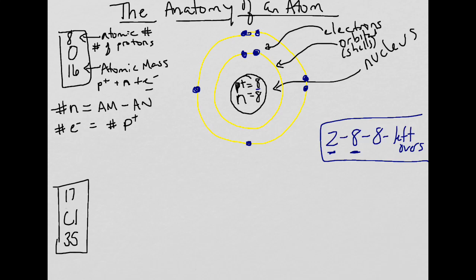Okay, notice how I paired them up. They like to pair up with each other, but in this second and third shell, they don't pair up until there's already been 4 in their position. Okay, now we pair them up. And I always like to label them just like that.